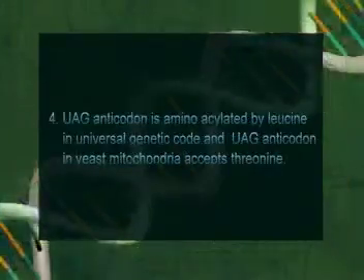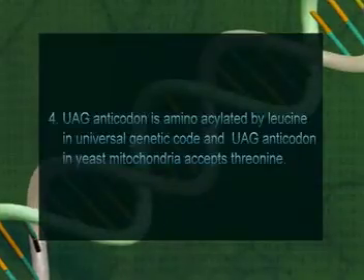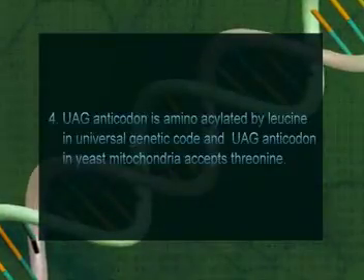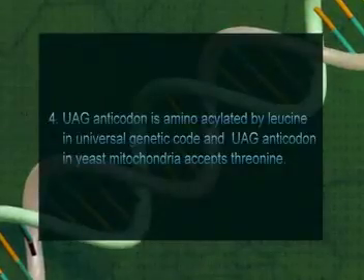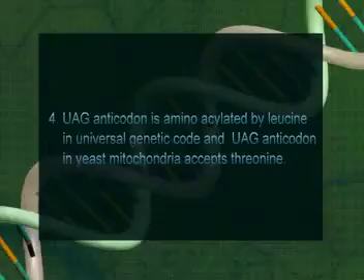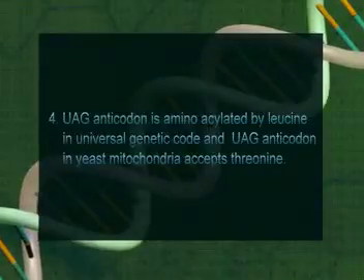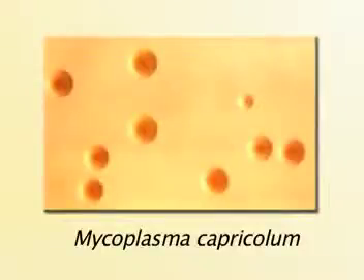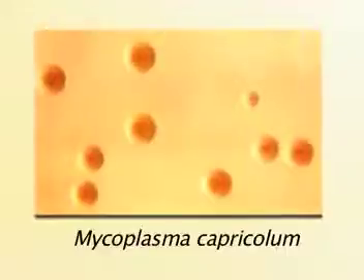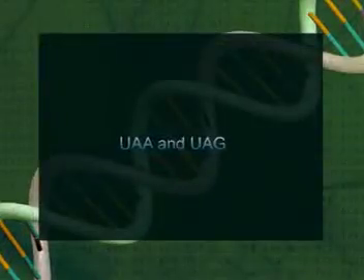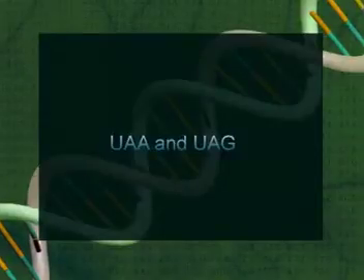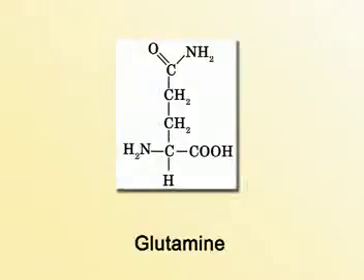Number four, the UAG anticodon is aminoacylated by leucine in the universal genetic code, and the UAG anticodon in yeast mitochondria accepts threonine. Different genetic codes have been identified in protozoa and Mycoplasma capricolum in 1986. In this, UAA and UAG code for glutamine instead of stop signals.